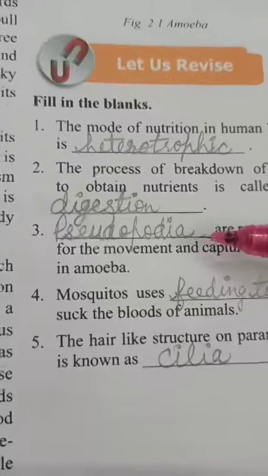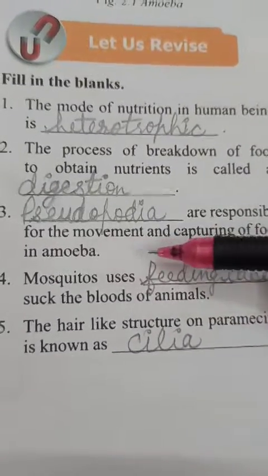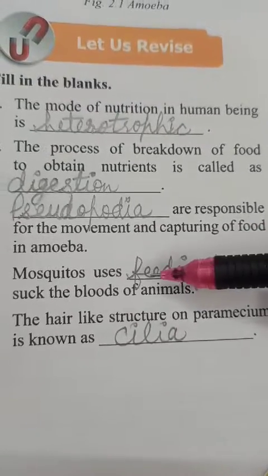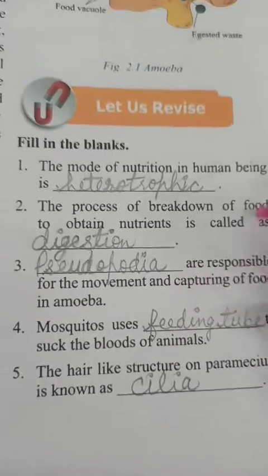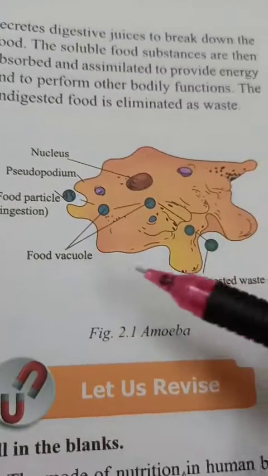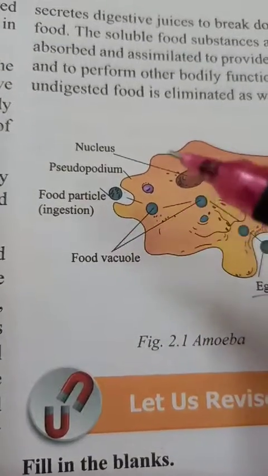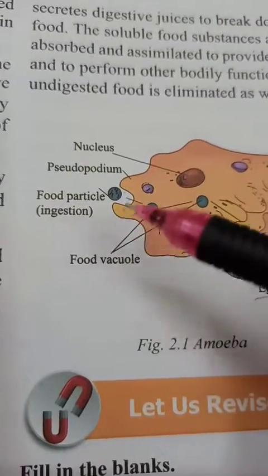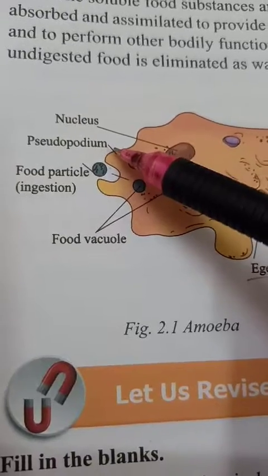Next, the third one is dash are responsible for the movement and capturing of food in amoeba. So as you know children, if we see the structure of amoeba, I have also explained it when we revised all these chapters.